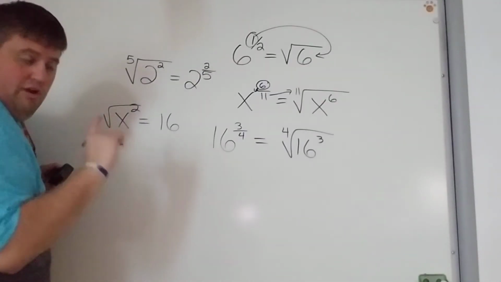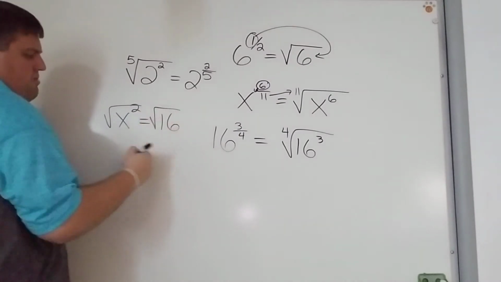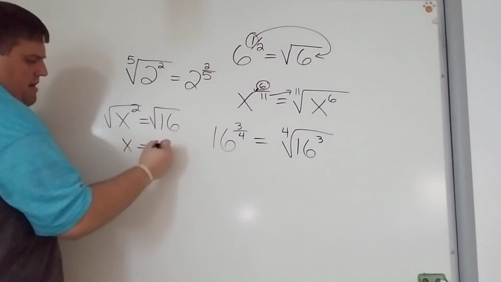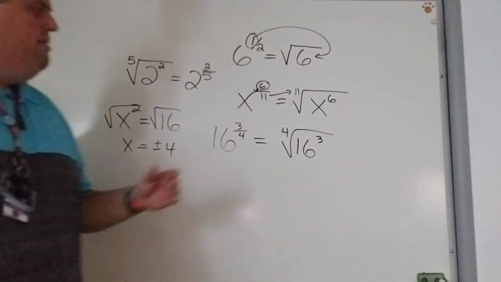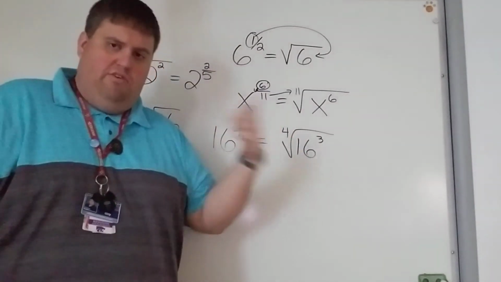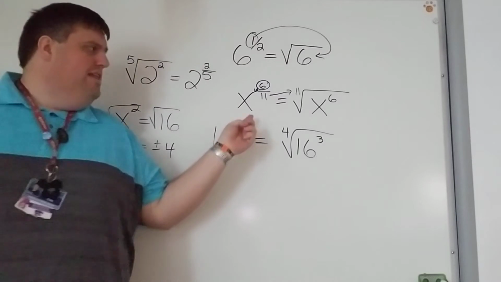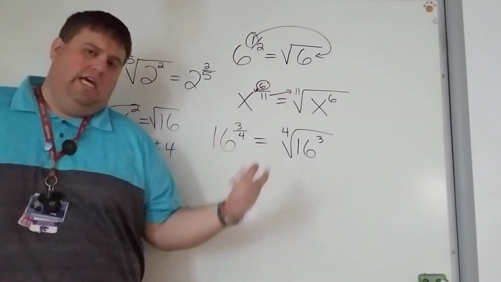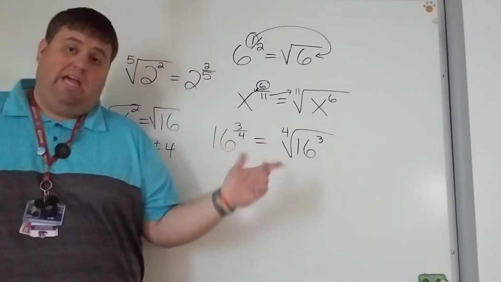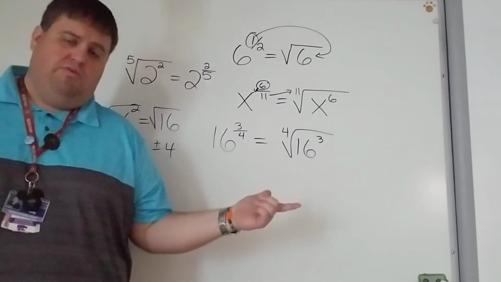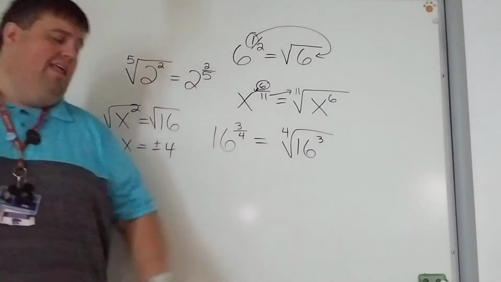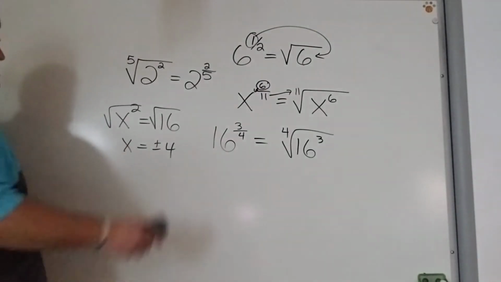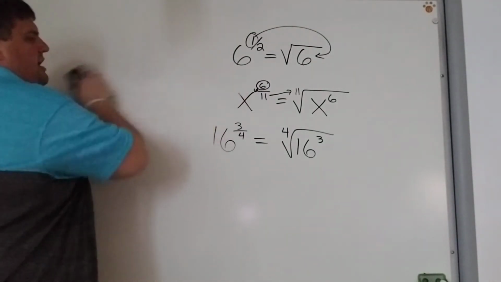They're inverse operations. And I could square root that, and I could get plus or minus 4, right? Positive and negative 4. This is kind of why they're inverse operations. I don't go into this depth with my pre-algebra kids and show them how fractional exponents are actually what square roots are, but it kind of makes more sense now that you know that they're inverse operations of each other. So yeah, pretty cool stuff.